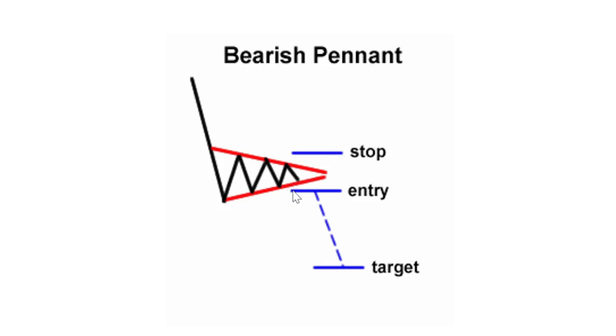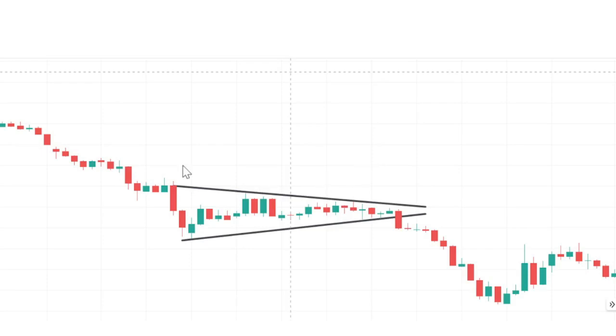So one way to enter the trade is on the breakout or on the retest. Our stop loss will be just above these pennants here. So we can see this on this chart where price has been moving downward, and there will be a little push upwards towards a certain resistance level, but then the price will break below this line, confirming this pattern.